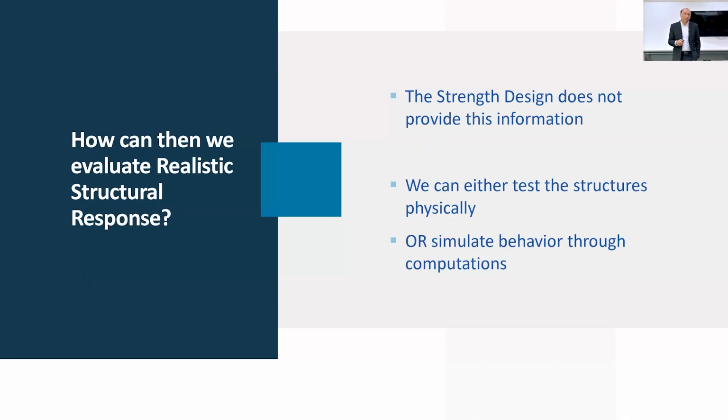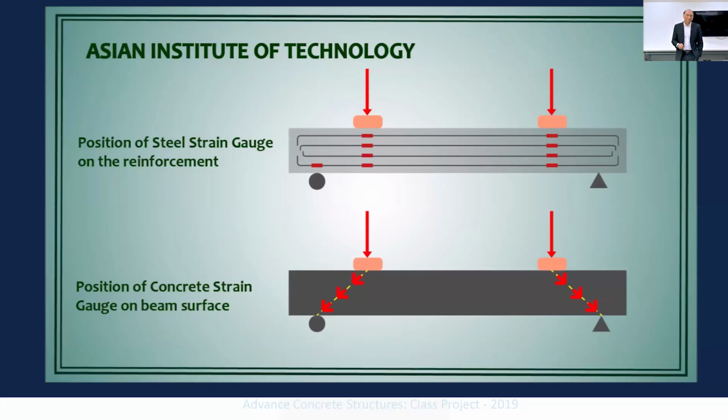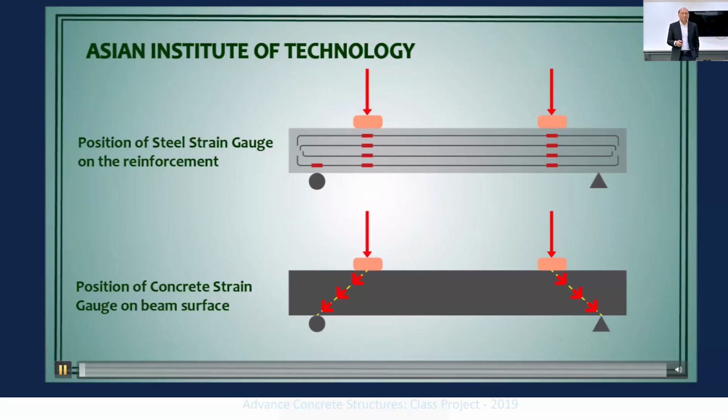So then how can we do that? We can either test the beam physically, which is one way, and measure all the strains, or we can simulate the behavior through computations. Let's say we test the beam, and this is one of the examples, a test of a beam at AIT in one of my classes.